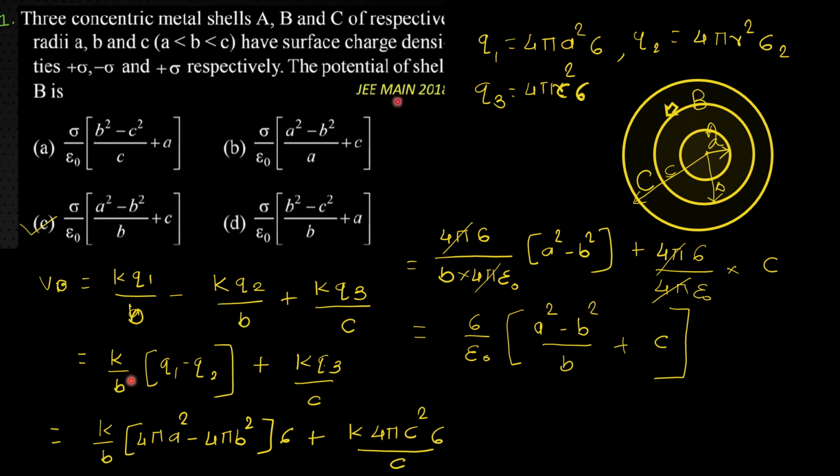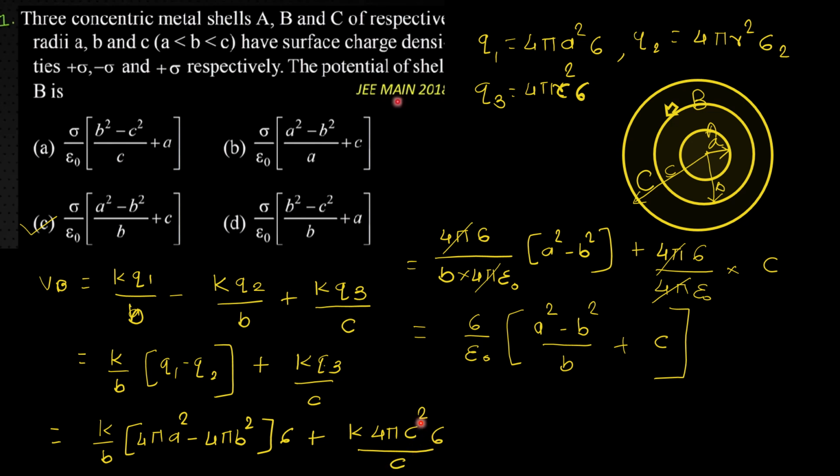Now we can replace the values also. We can take k upon b common, so we get q1 minus q2 plus kq3 upon c. Now what is the value of q1? 4 pi a square sigma. So sigma we have taken common. Now written here 4 pi a square minus 4 pi b square plus k 4 pi c square sigma upon c.